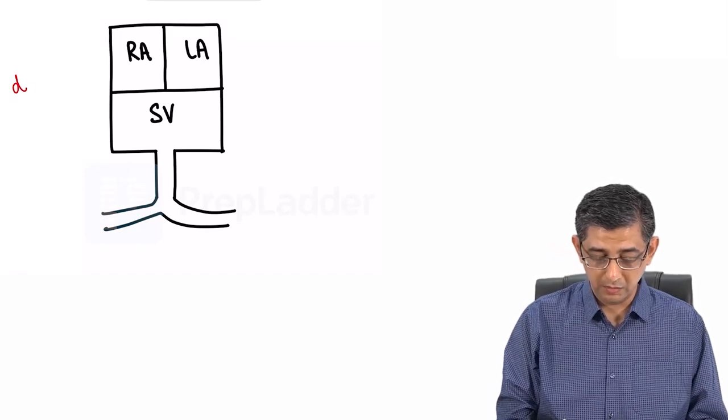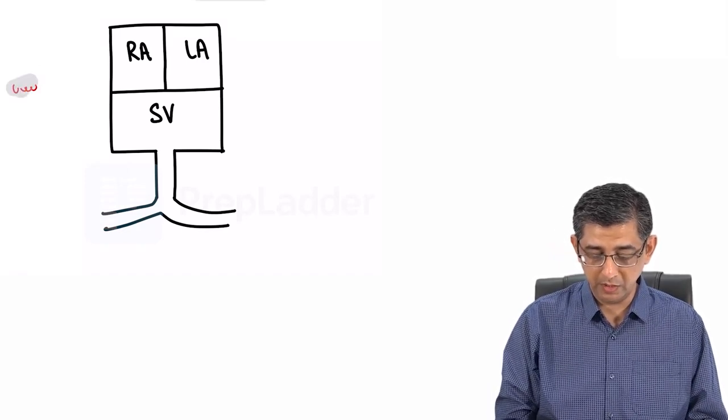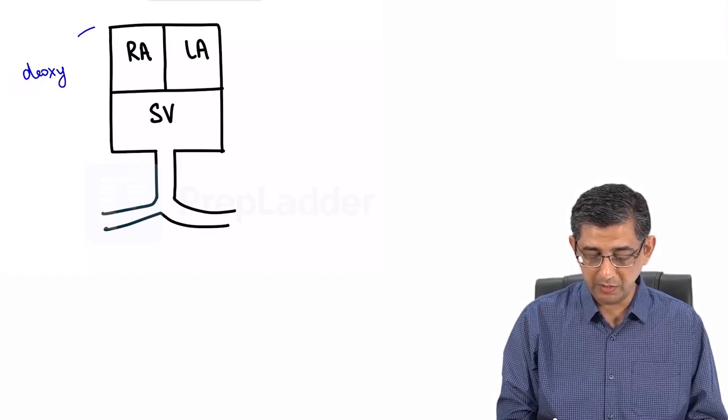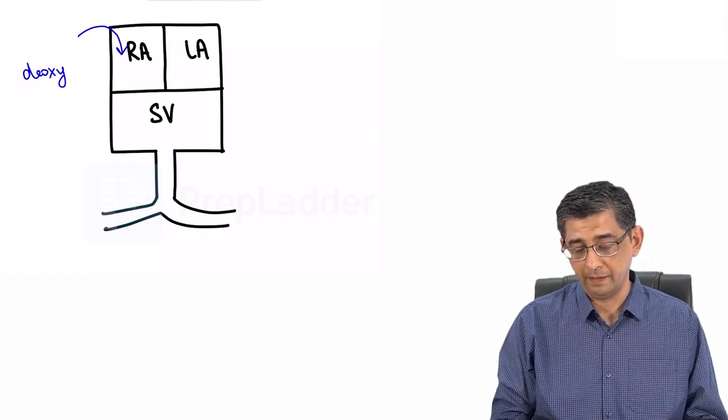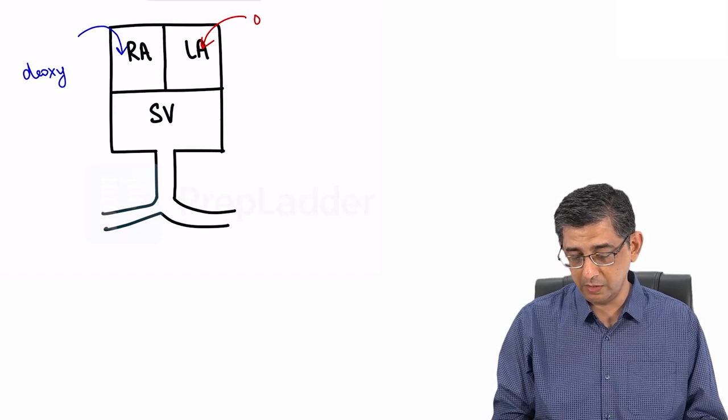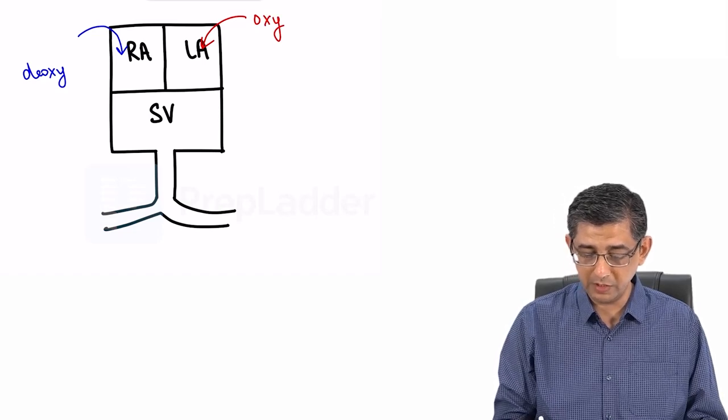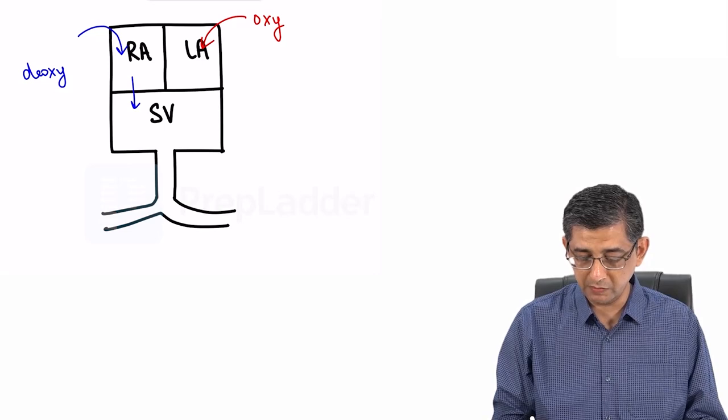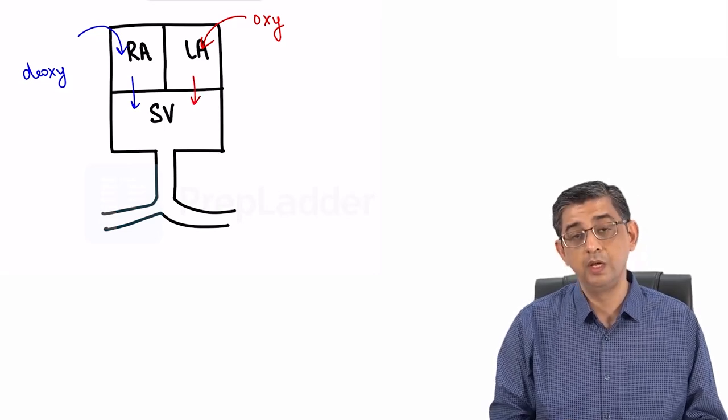Well, if it is deoxygenated blood, I can just highlight that with blue color. If it is deoxygenated blood that is coming in the right atria, in this case it would be oxygenated blood coming into the left side, and then obviously it will mix. So that mixing is one explaining the cyanosis component.